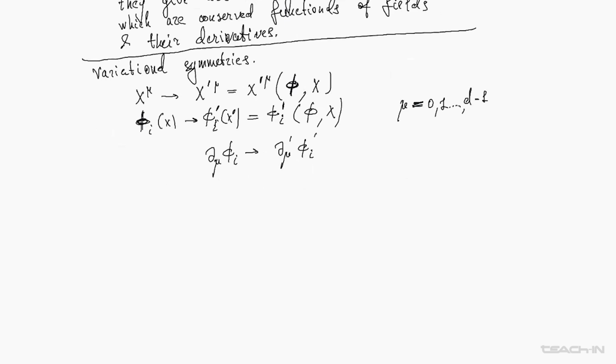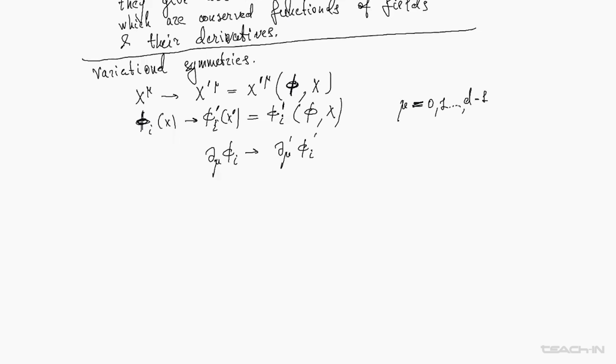And moreover, in general, you may require even space-time coordinates to be transformed by involving fields. So these transformations may be quite non-trivial. So let us now prove this theorem.